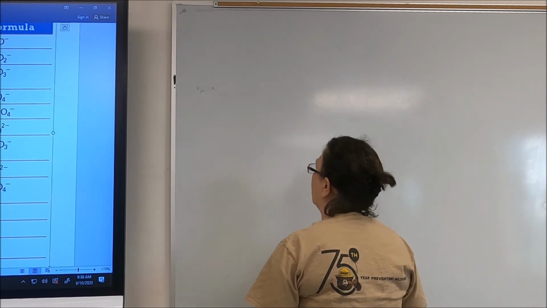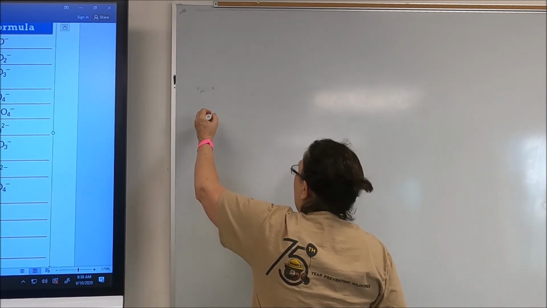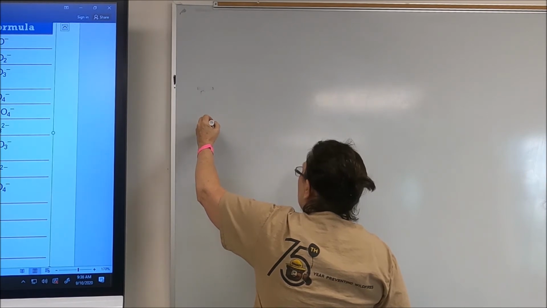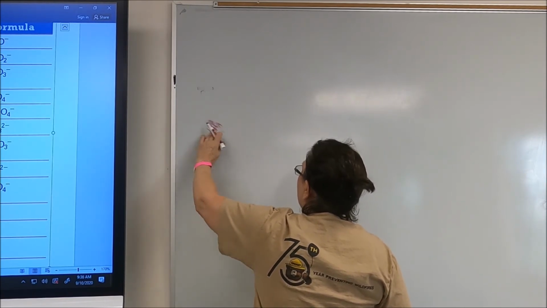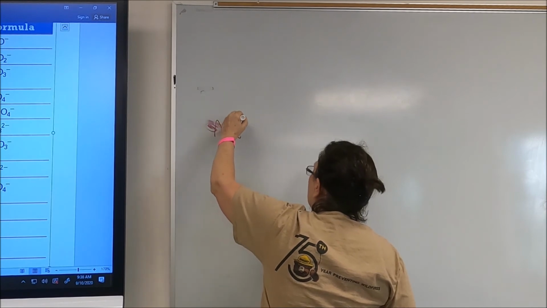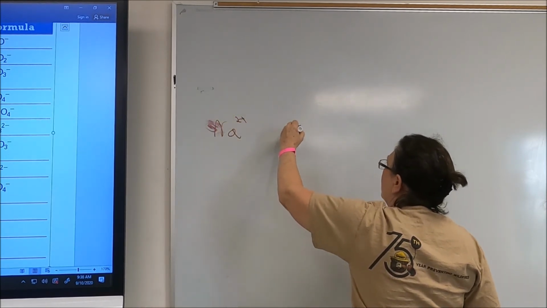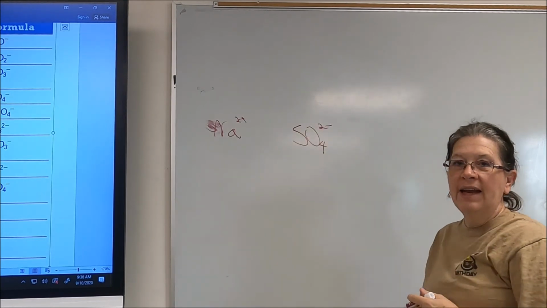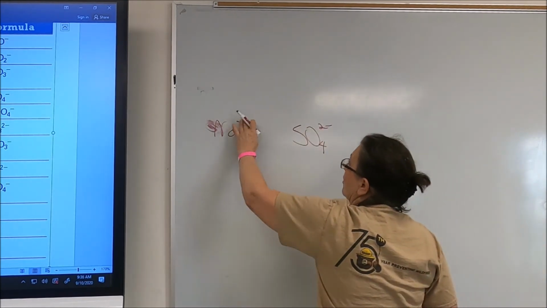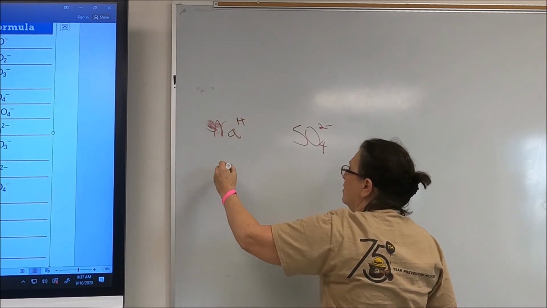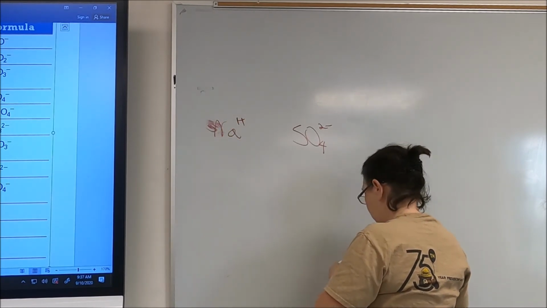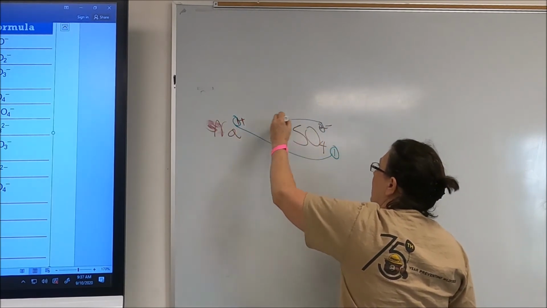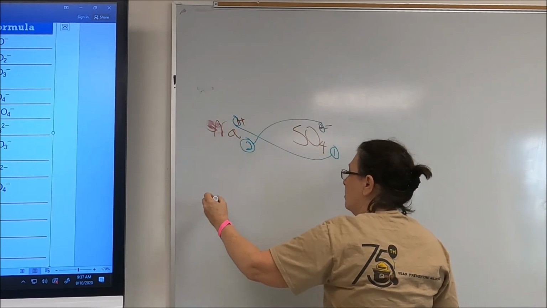Okay, let's try some more. How about if I have sodium and a sulfate? The sulfate ion is 2-. Sodium is 1+. So if we do crisscross, I'm going to have 1 sulfate and 2 sodiums.